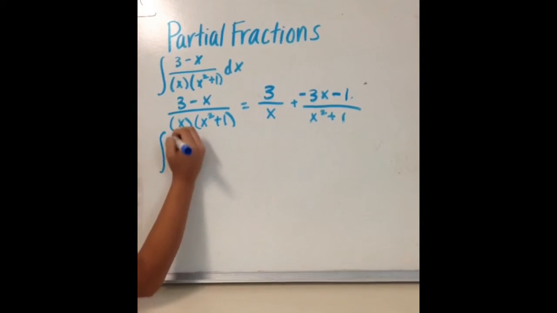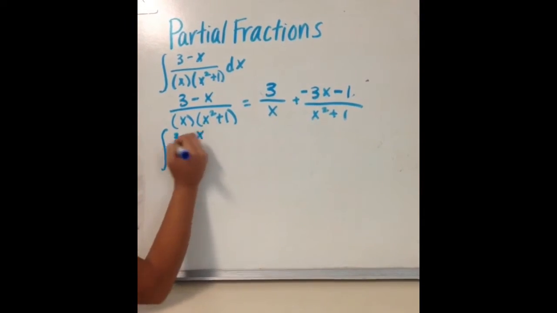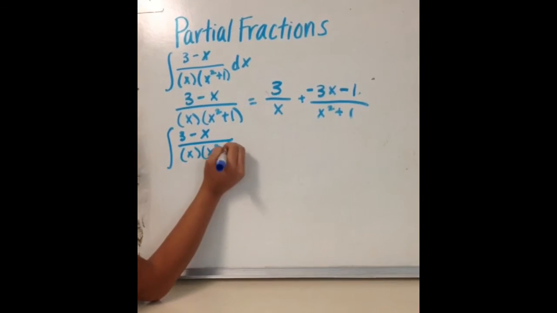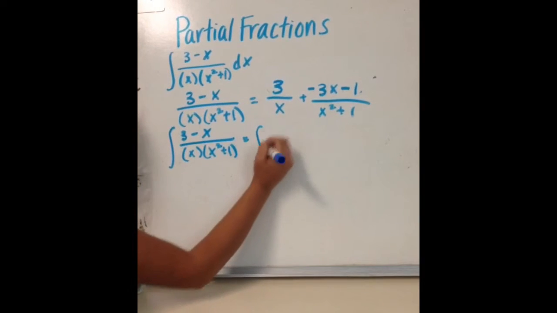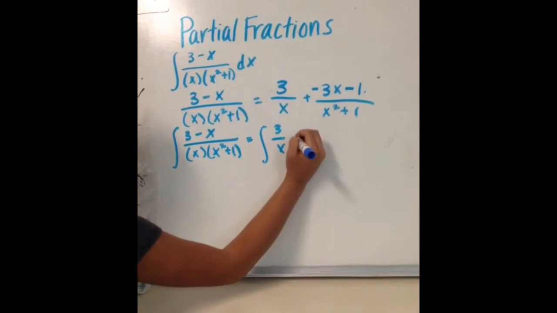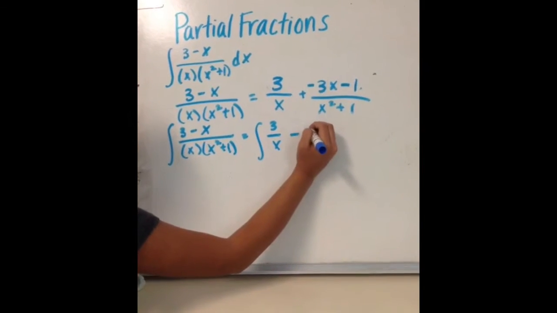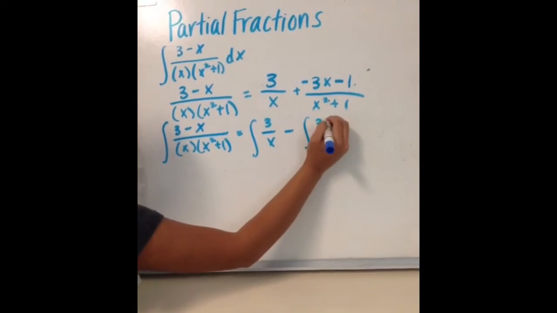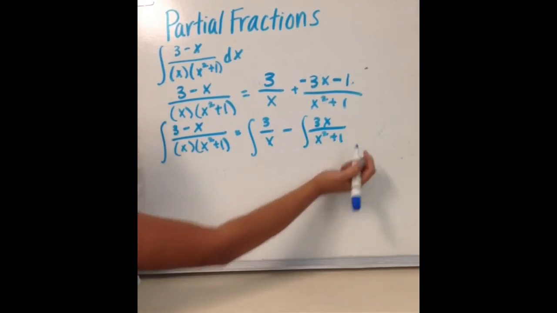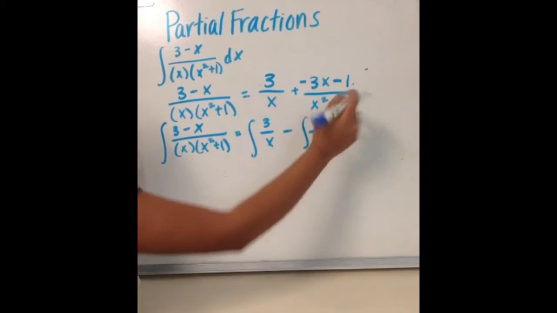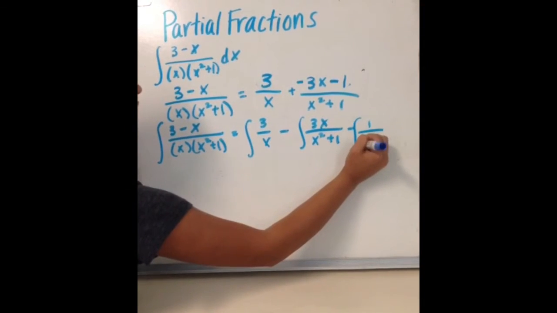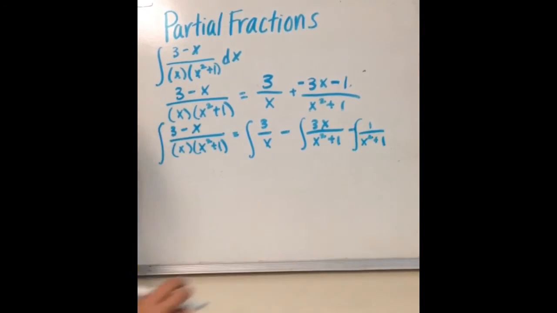The integral of 3 minus x over x times (x squared plus 1) is equal to the integral of 3 over x minus the integral of 3x over x squared plus 1, and then we're going to separate these two, so it'll be minus the integral of 1 over x squared plus 1.